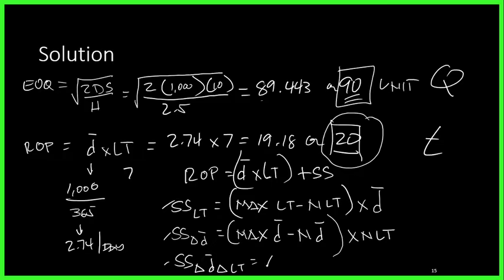So this is simply the difference of your lead time, I will explain later, times the difference in your demand. Saan po galing yung difference in the demand? Siya po ito, maximum minus the normal. Saan po galing yung difference in lead time? Siya naman po yan, maximum lead time minus your normal lead time. Kunyari naiintindihan natin yun.